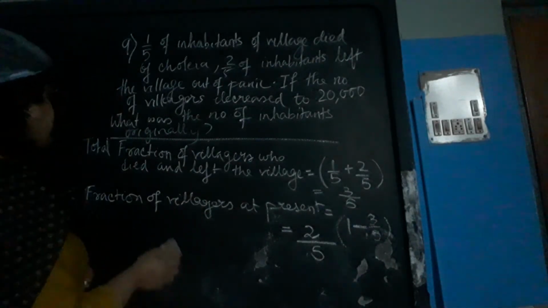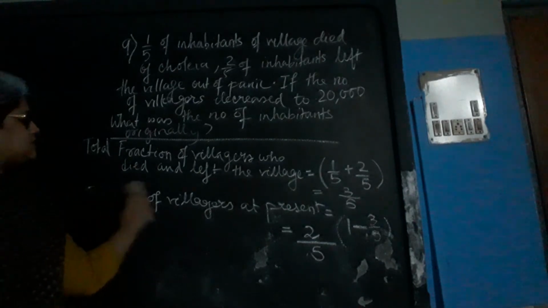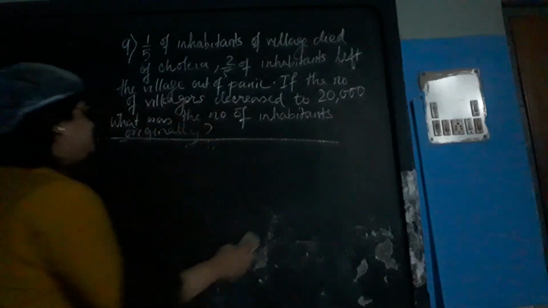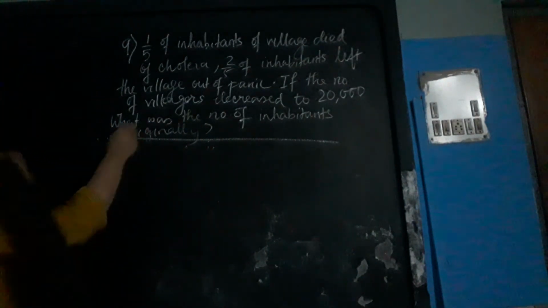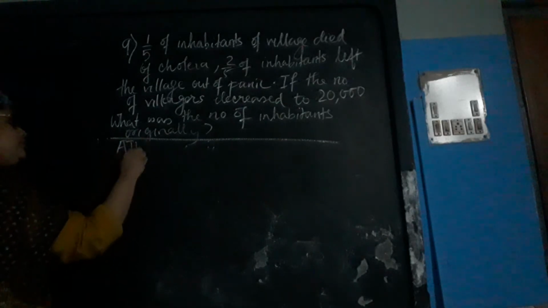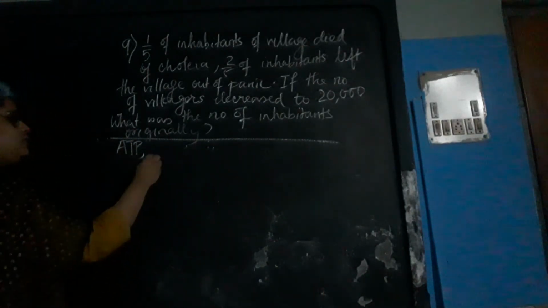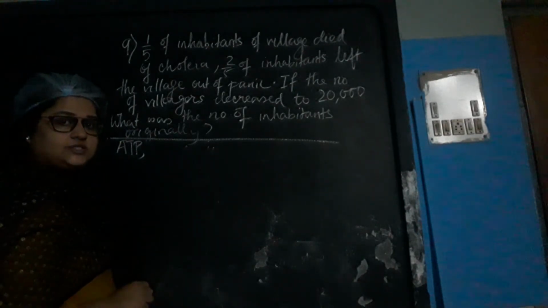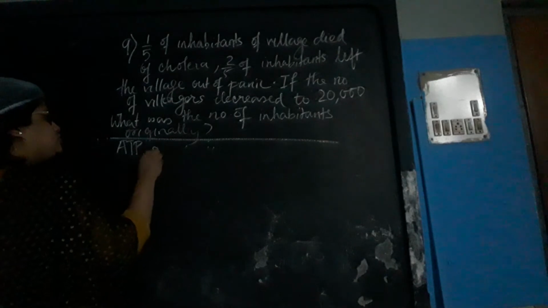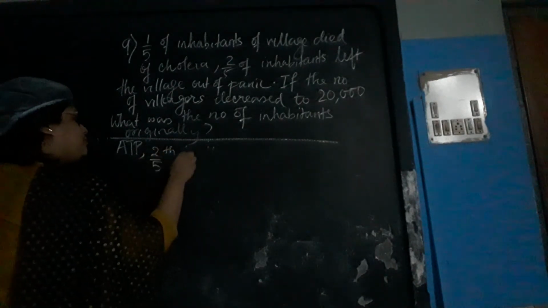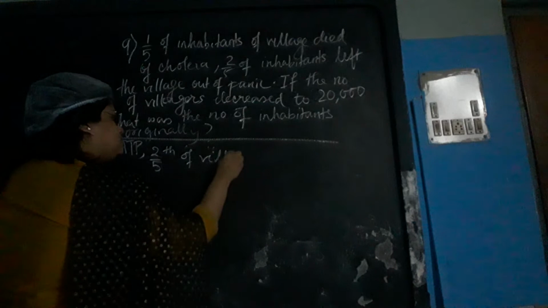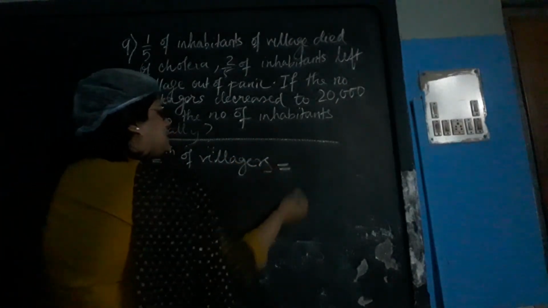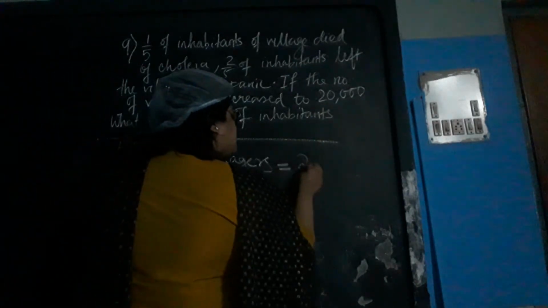So what you have to find out after these two statements, you need to write according to the problem. We write ATP. According to the problem, what do we know? We know two things. That is, what is the fraction of villagers left? 2/5. So 2/5 of villagers who are at present in the village is nothing but equal to 20,000.